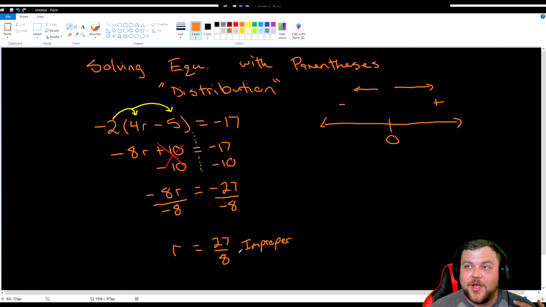So think about how many times does 8 go into 27? Well, 8, 16, 24. So it goes in there 3 times completely. And then from 24 to 27, there's 3 left over. So it's 3/8. So our answer is 3 and 3/8.